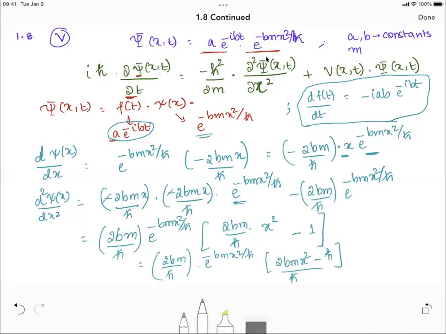Now this can be simplified, and I can combine the h bar and the denominator here to give us this term. So this is the second derivative of the function that depends only on the x coordinate.